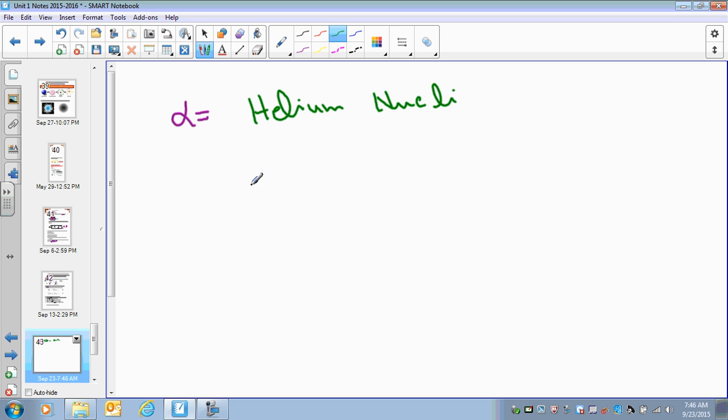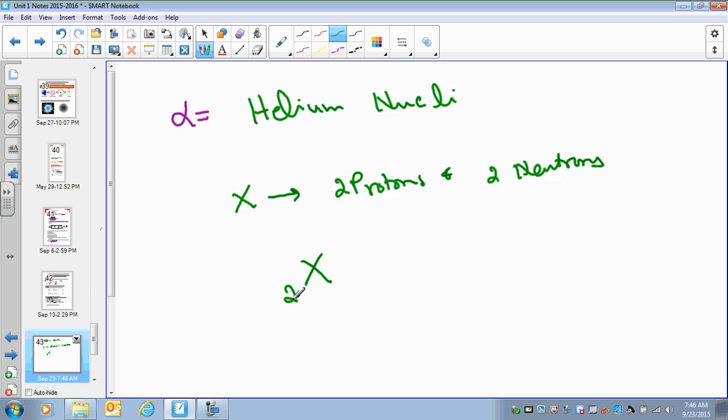Because whenever any element, any X element, gives out 2 protons and 2 neutrons, we say an alpha went out. If I have 2 protons, that means the atomic number is 2, because proton is the atomic number. So if I give out 2 protons, atomic number is 2, and if it's 2 protons and 2 neutrons, together it makes the mass.